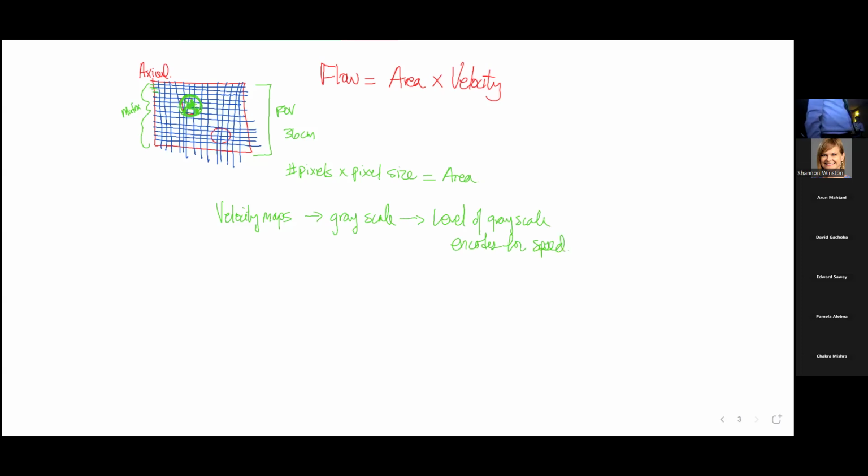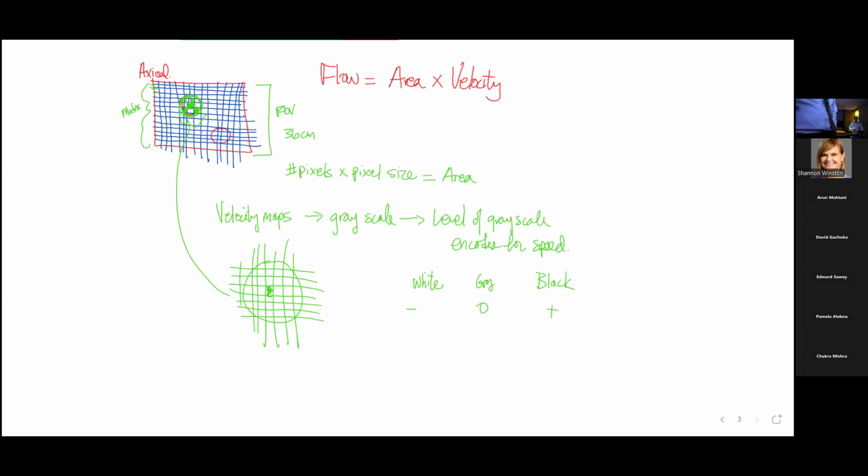So let's take this little part of the aorta, bring it down here. Here's our aorta here. We had all those lines going across it, right? And you're going to have white, which will be the most negative, and then you'll have dark black, which will be the most positive, and then gray is going to be 0.